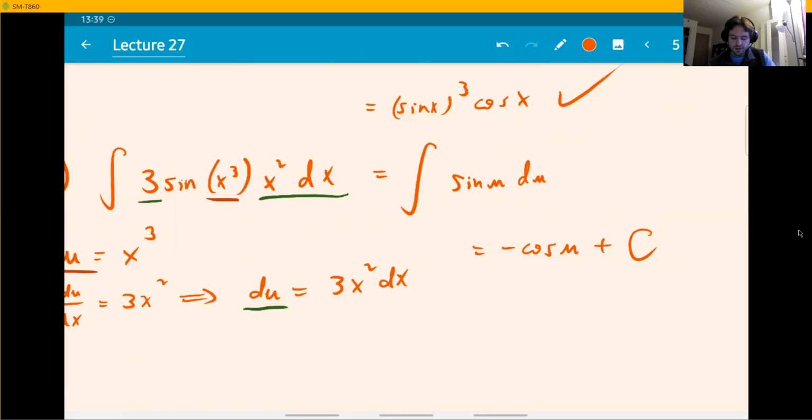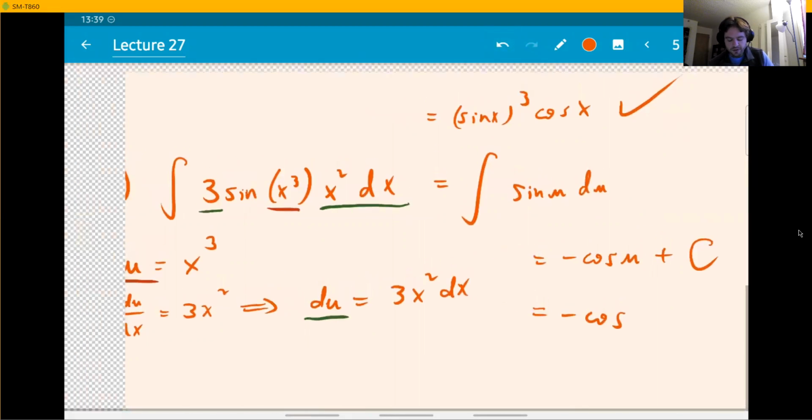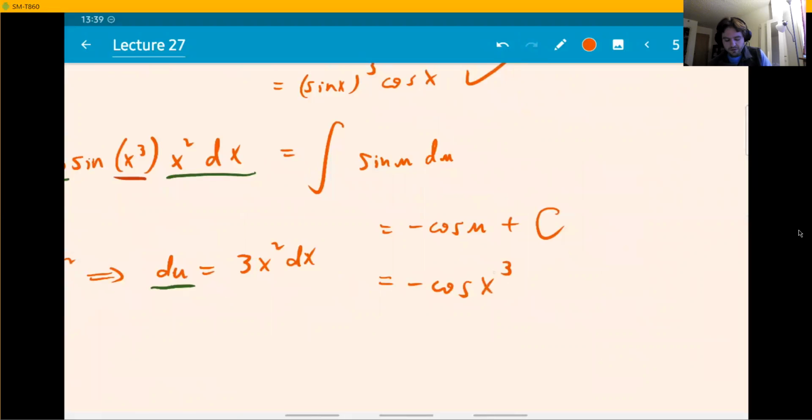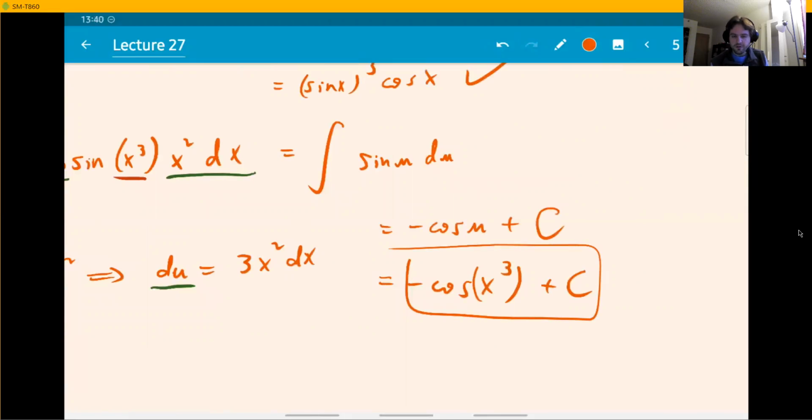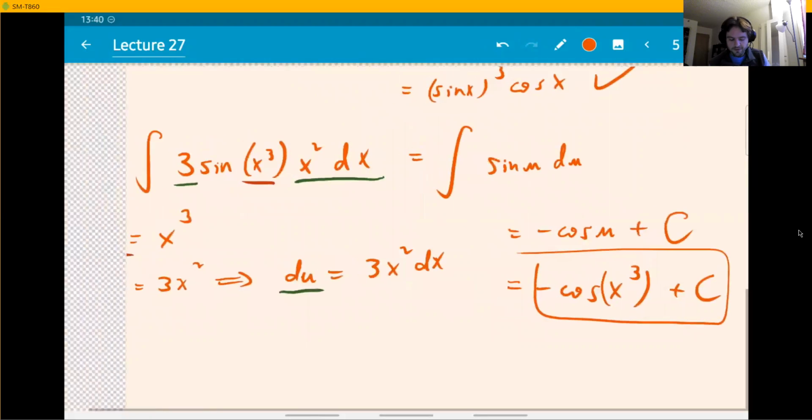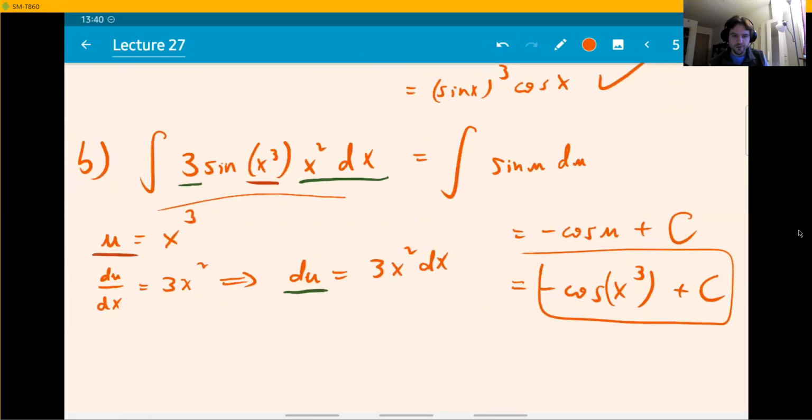So you do need this extra minus in front. And now you replace u back as a function of x. Don't forget that. U is x cubed in this case. Minus cosine of x cubed plus c. Try to take a derivative of this. Now you should be able to do that in your head and convince yourself that you really get this original function.